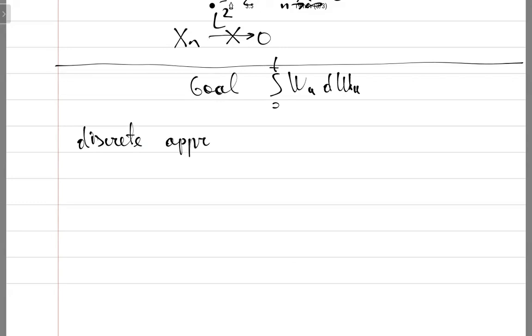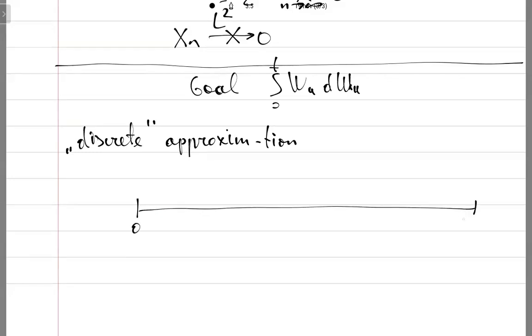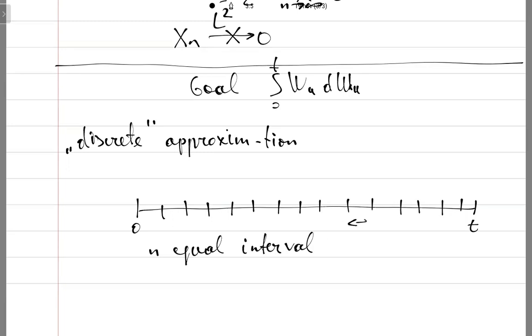What do I mean by discrete? I will divide the whole timeline from 0 to t into n equal intervals. The length of each interval will be t over n. Okay.